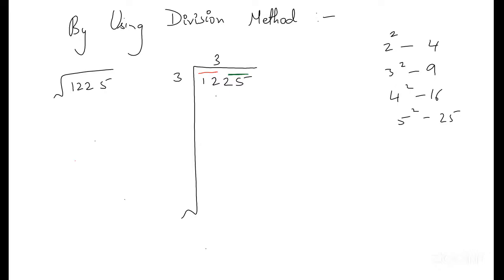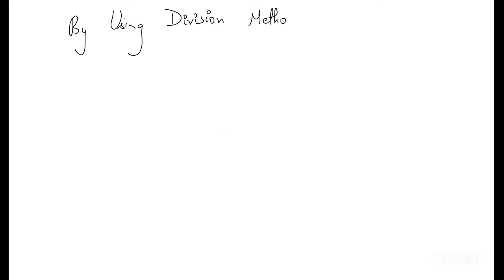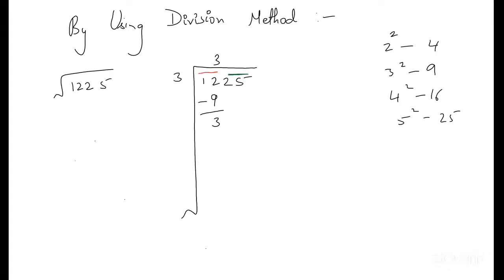How much? 12 minus 9 is 3. Now the next step, listen very carefully. The number that is there on the top, the quotient, we add it to the side. 3 is there on the top, so we add 3 here on the side. So it becomes 6. After 6, we put a dash here.